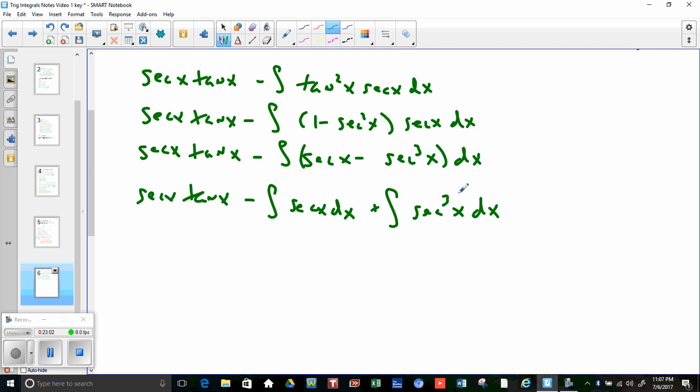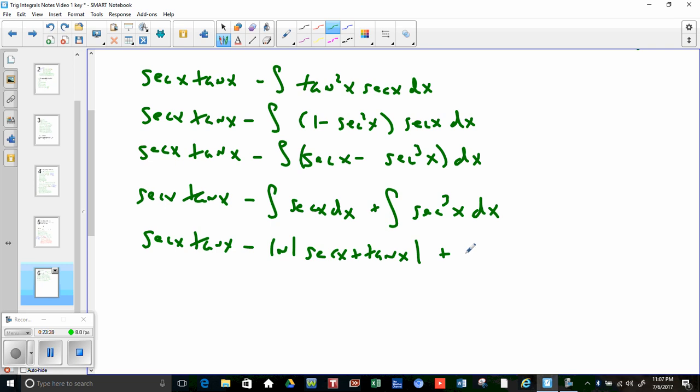Here's where the ingenuity is going to take place. First of all, the integral of secant x, we can do that one. That's on the previous page. So far I've got secant x tangent x minus the natural log absolute value of secant x plus tangent x plus this integral of secant cubed.